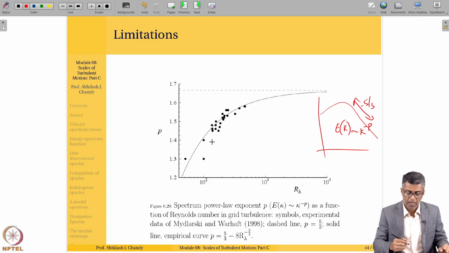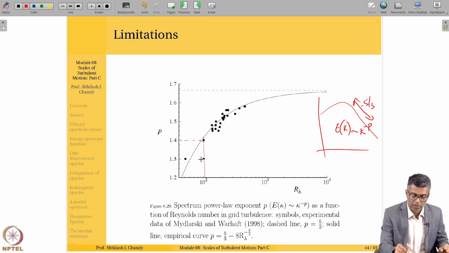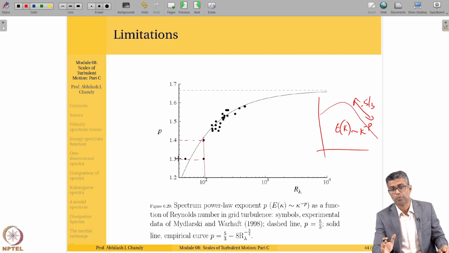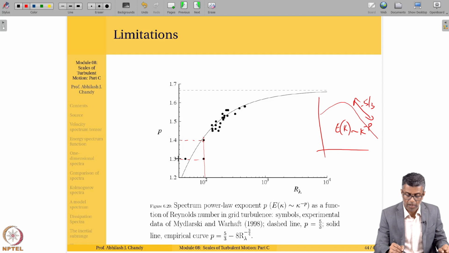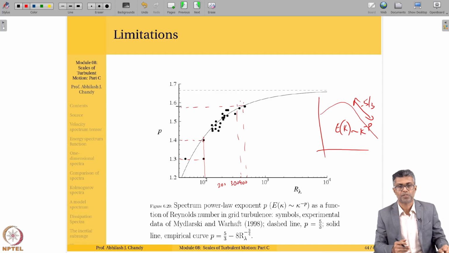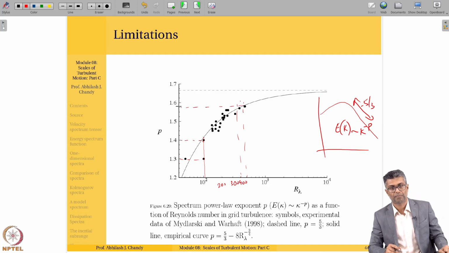As you can see, if I have an R lambda of approximately 100, my P values are like 1.3 and 1.4, not close to 1.67. As I'm getting to R lambda, so this is 100, this is 200, this is 300, this is 400, as I'm getting to a Reynolds number of 400 and 500, I am getting close to 1.6, not even 1.6.